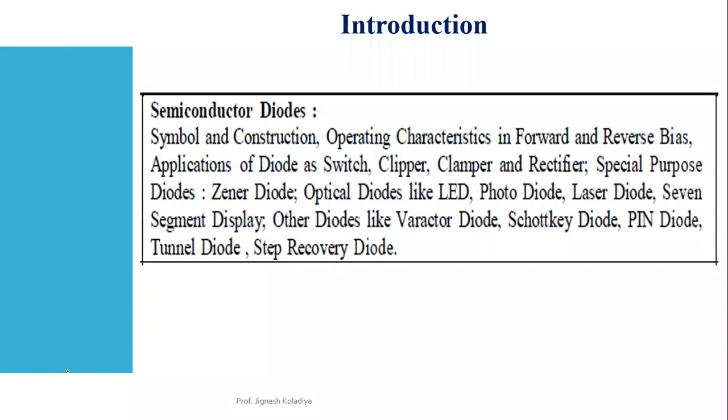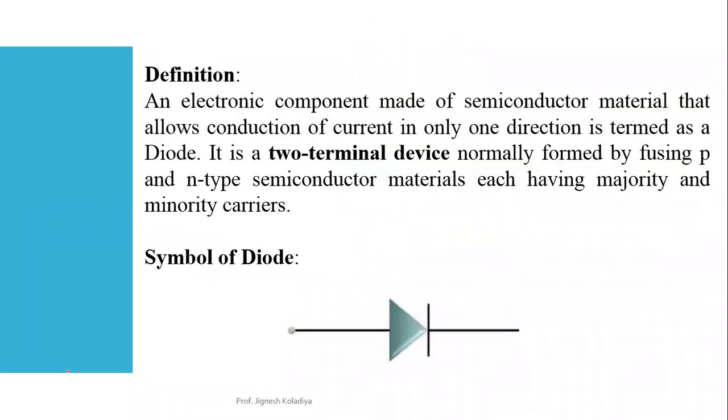And then we have started the PN junction diode, in which we have seen its definition, symbol, construction, and its operating characteristic in forward and reverse bias condition. Okay, and we have seen all three modes of operation: unbiased, forward bias, and reverse bias.